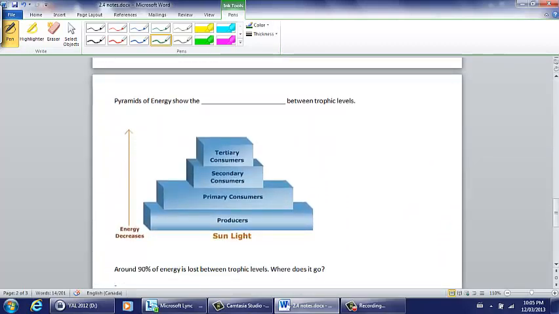The last model that we're going to look at is pyramids of energy. Pyramids of energy show the loss of energy between trophic levels, because the transfer of energy is never 100% efficient. Around 90% of energy is lost. So where does it go?